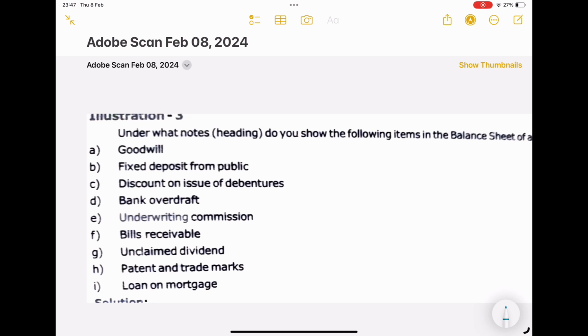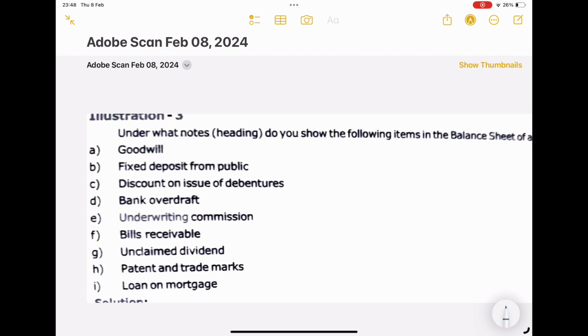Why is this necessary? These things will be there in the trial balance that you will have in your question paper, right? In the question paper they will give you the trial balance, or just statements of mixed items of the income statement as well as the balance sheet, right?